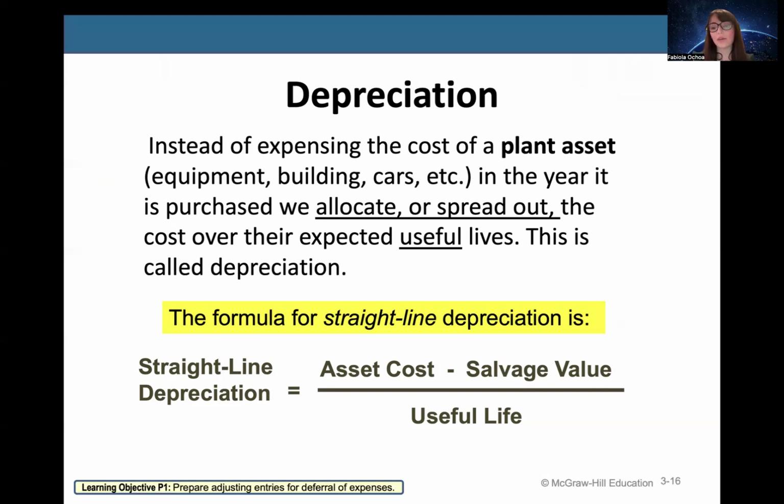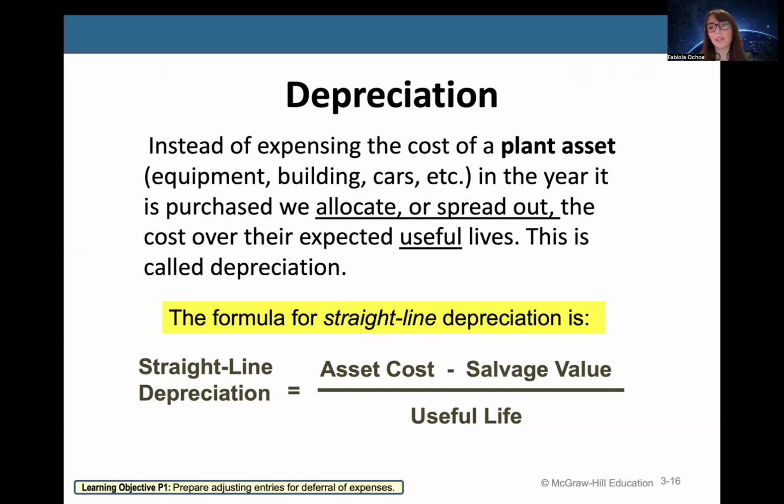Your salvage value, and we will discuss this down the line, is the value that your vehicle or your asset will have at the end of its useful life. So let's say when you're done using your $100,000 car over 5 to 7 years, you expect that you can sell that car for $10,000.